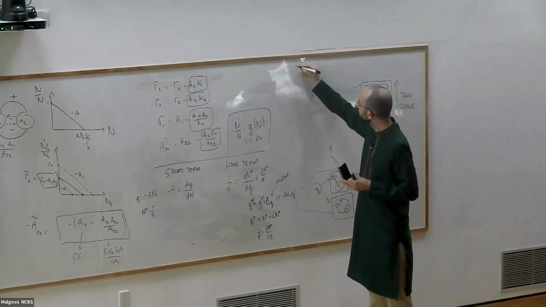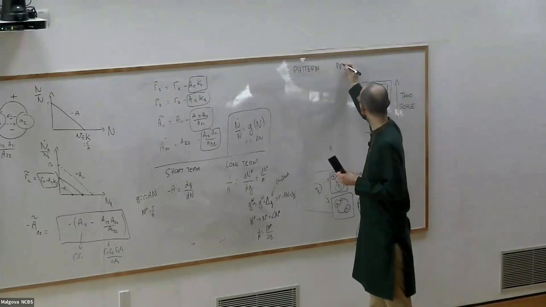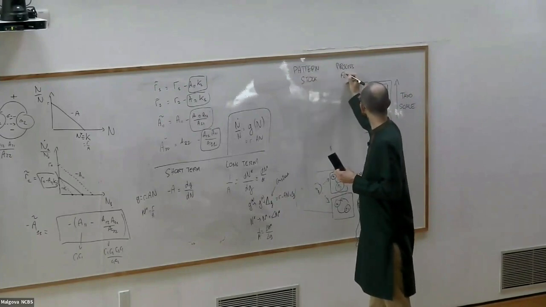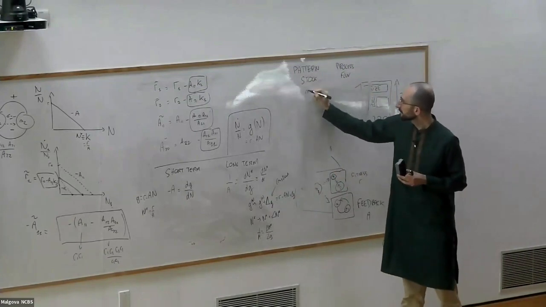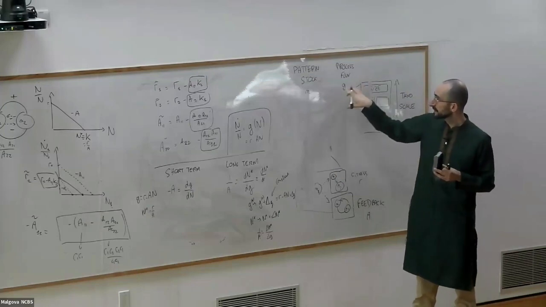That's for ecologists, by the way, there are some biologists in the room, thankfully. You can think of it in terms of pattern and process, or maybe stock and flux. When you write a dynamical model, you're saying, let's say, this is N, and this is G. When you write a model, you're saying, I assume how the process depends on the pattern.